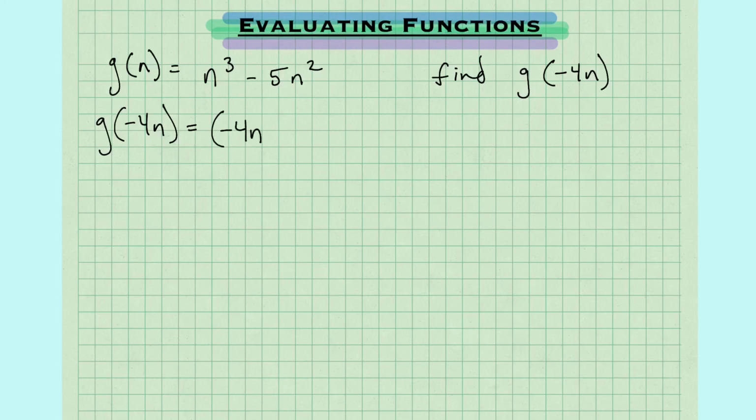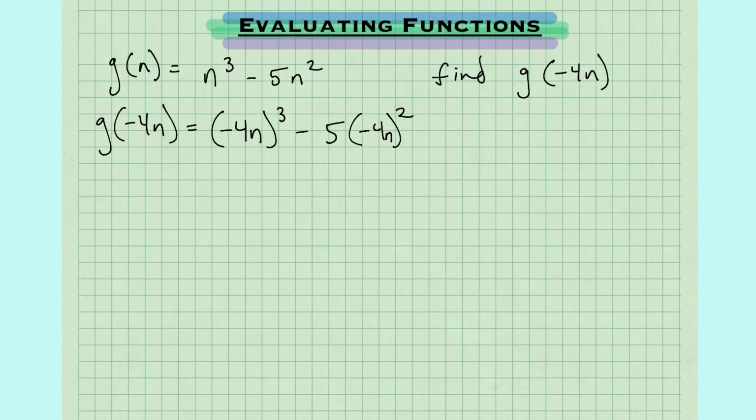Negative 4n cubed minus 5 times negative 4n squared. Okay, once again, putting the parentheses wherever there's variable n. Then this squared and this cubed stays on the outside of the parentheses.